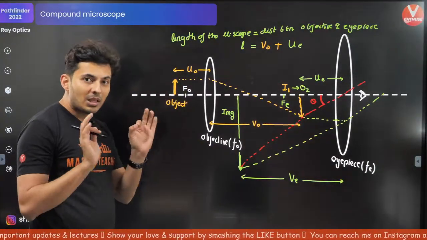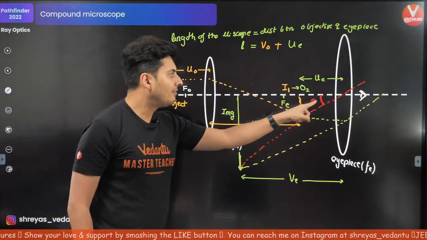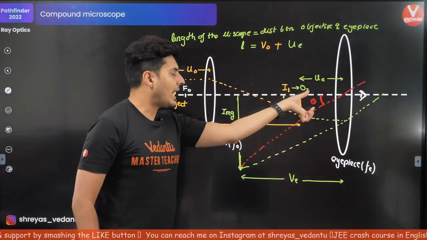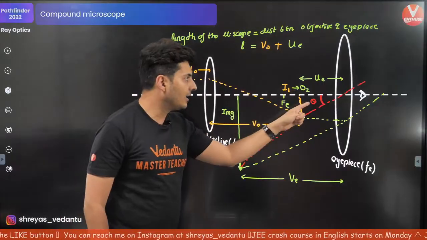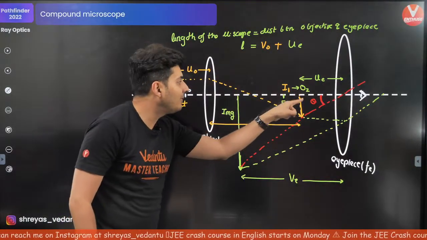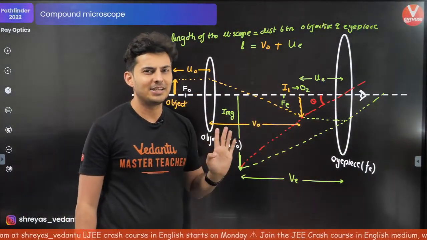Next thing. Now, I want you to realize that when you talk about theta, the final angle subtended by the image, this angle has come after it has magnified this intermediate image.